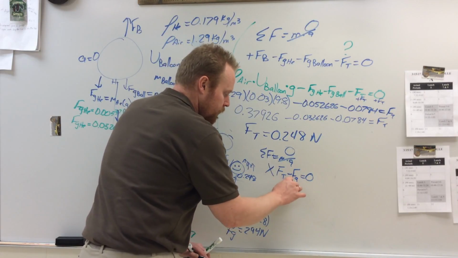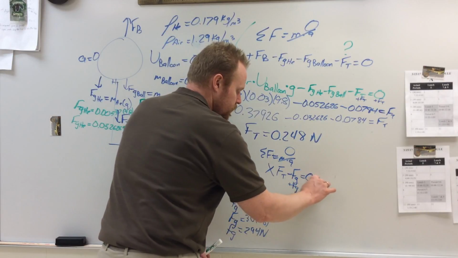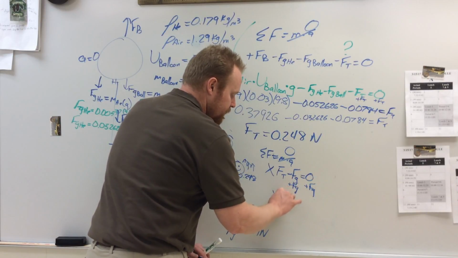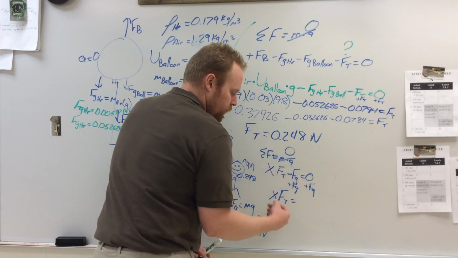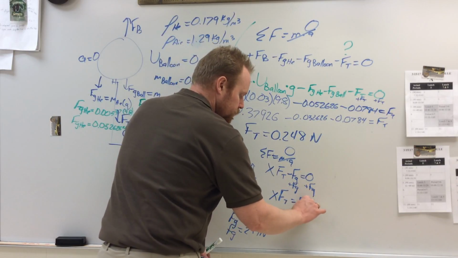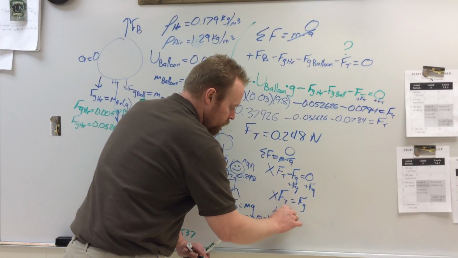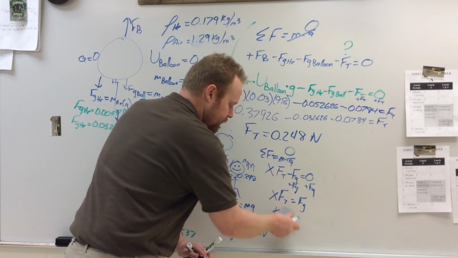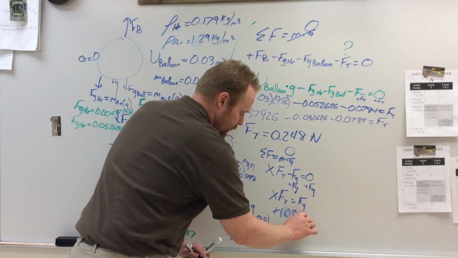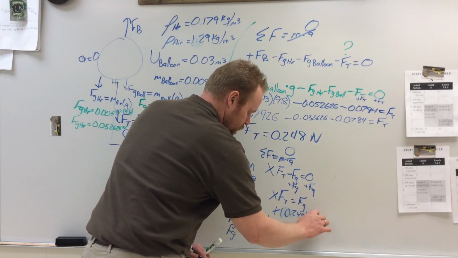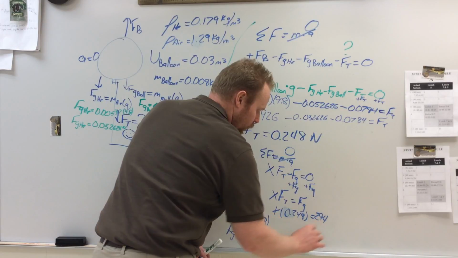So I add Fg to both sides, and what I find is X, the number of balloons, times the tension created by one balloon is that. So X times 0.248 is equal to 294.